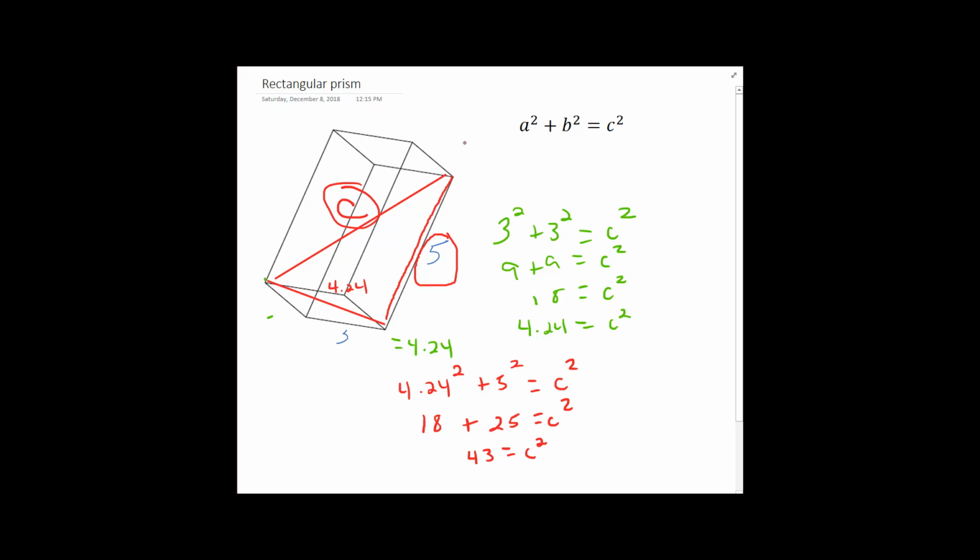Now we finish up by getting rid of our squared by square rooting. The square root of 43 is 6.55. So c equals 6.55, which again makes sense. The small leg is 4, the longer one is 5, and the longest, the hypotenuse, is 6.55. That makes sense. Okay, good.